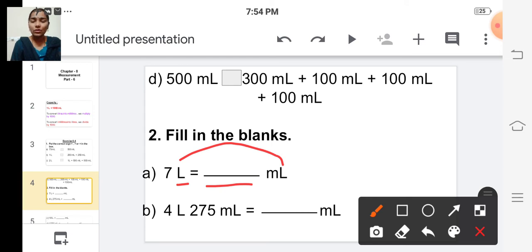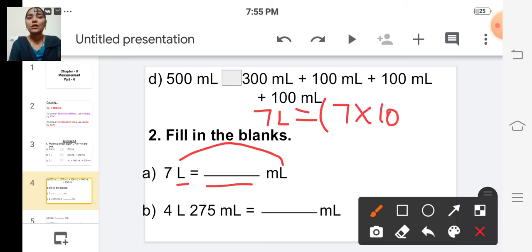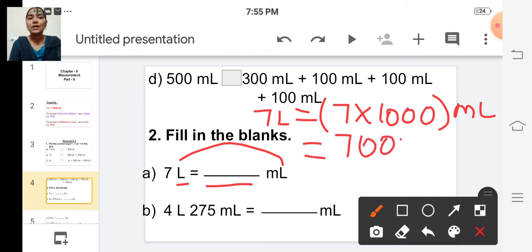We have to multiply by 1000. So 7 liter is equal to 7 into 1000 milliliter, which is equal to 7000 milliliter. So the answer is 7000 milliliter.